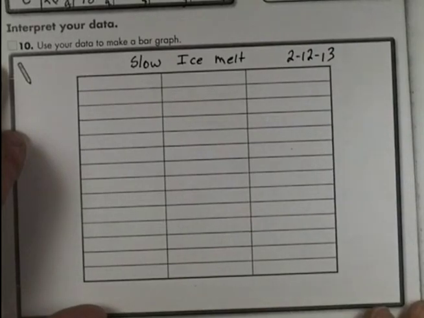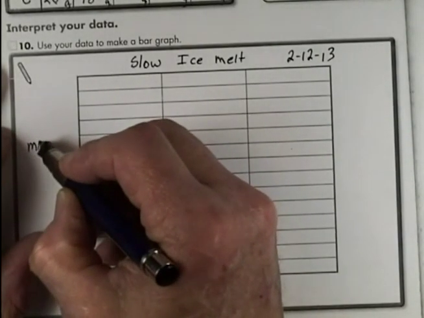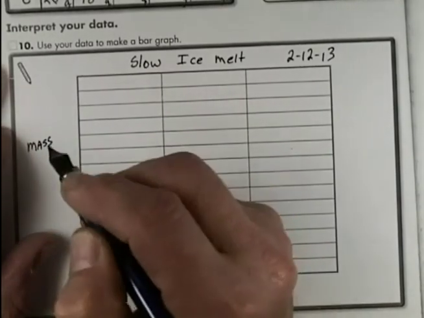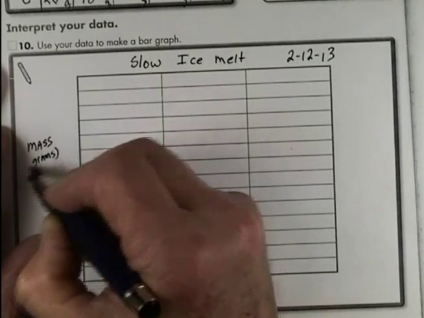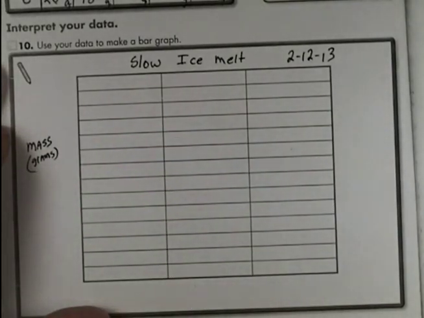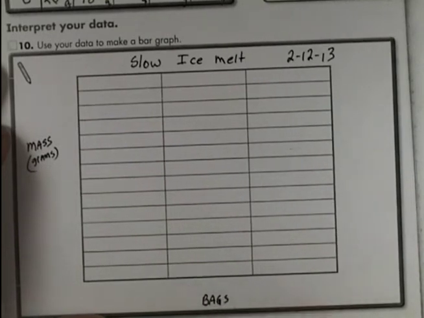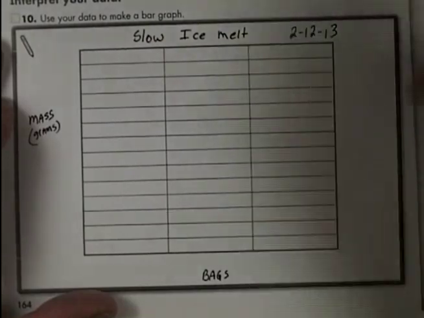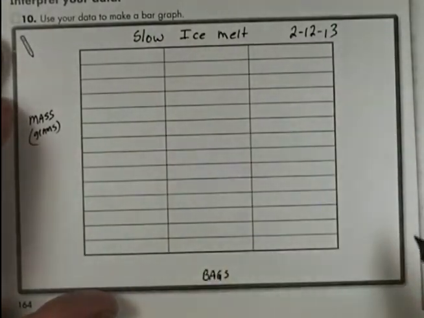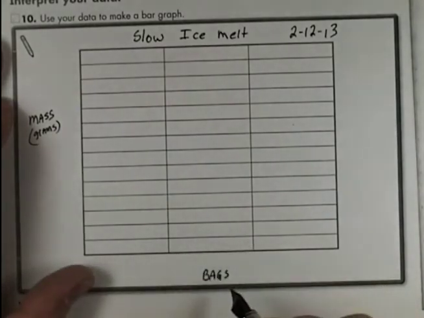Now you can set this up different ways, but I'm going to set this up over here, the mass in grams on this side, and the bags on down here at the bottom. Okay? So we have slow ice melt, the mass on this side in grams, and the bags.